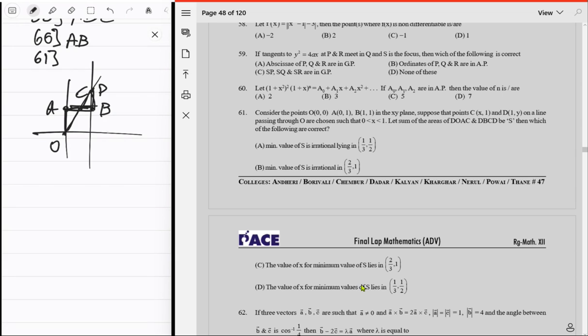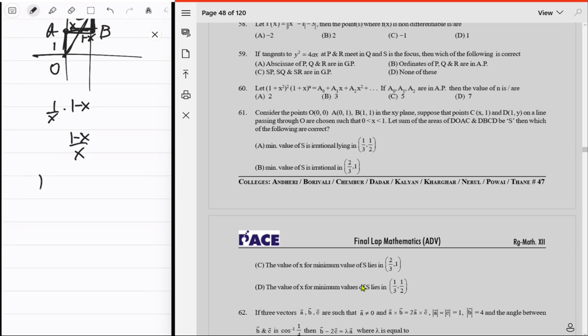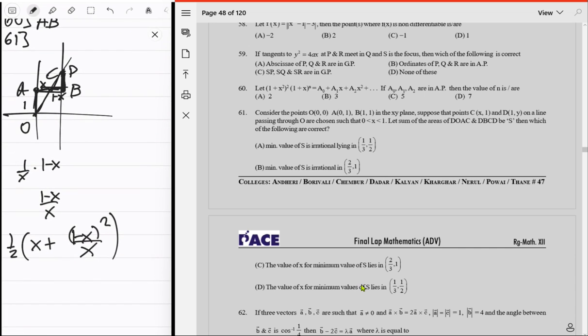Let's figure out S. So this is X over this, like 1 minus X, and this thing is like 1. So 1 upon X hota hai, but then that terms of 1 minus X, this is just the ratio stuff, right? It's just this thing, which is like minus X upon X is what this length will be. So half of x plus 1 minus x ka square upon x, that is the area.